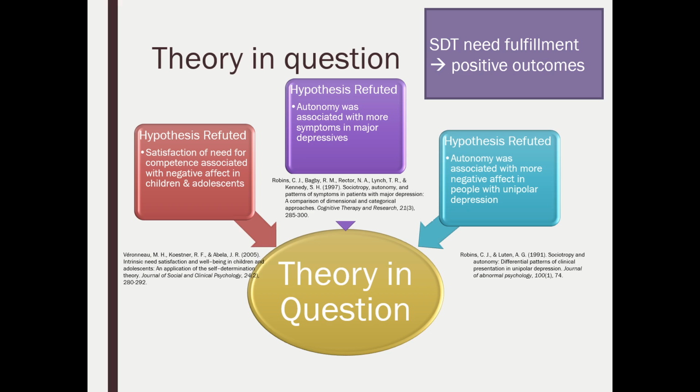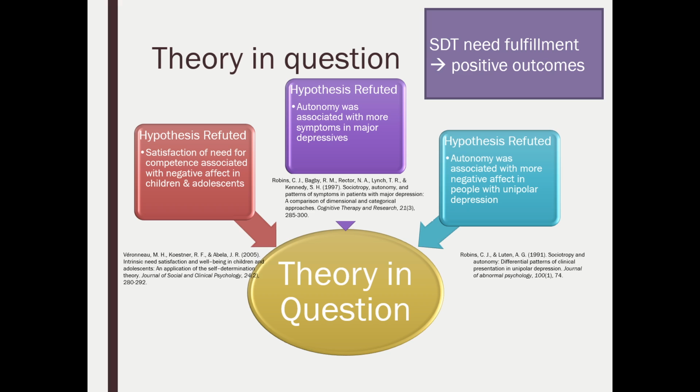So I gave you 3 studies that were supporting self-determination theory. I gave you 3 studies that seem to refute at least parts of it. So what do we do with that? Well, one of the things we would do with that as scientists is say, are there substantive differences between the studies that supported and the studies that refuted?